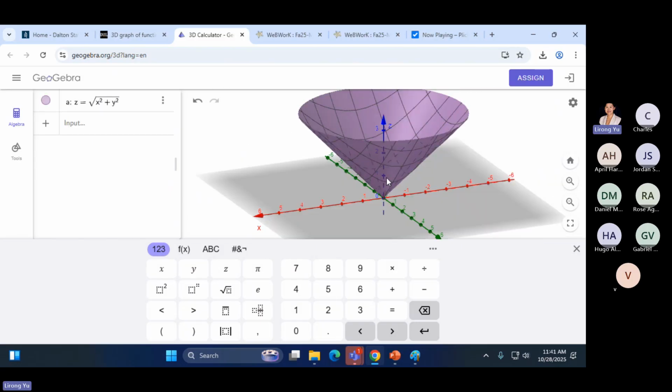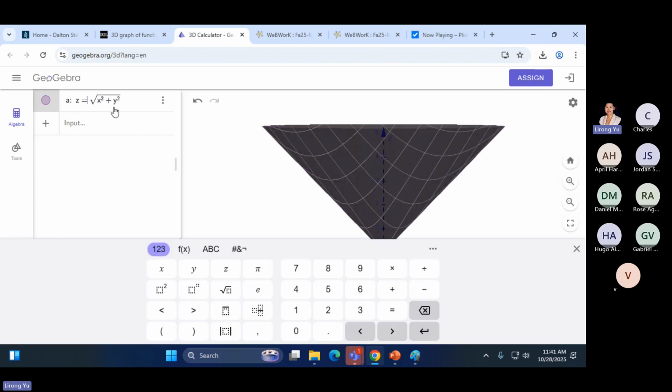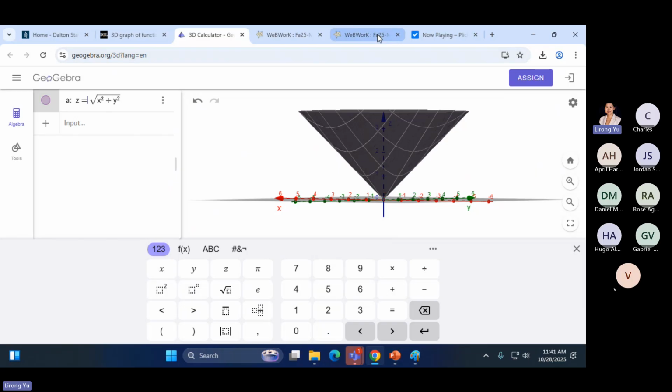You see that this angle is 45 degrees. Now, if we change that, like the whiteboard question.